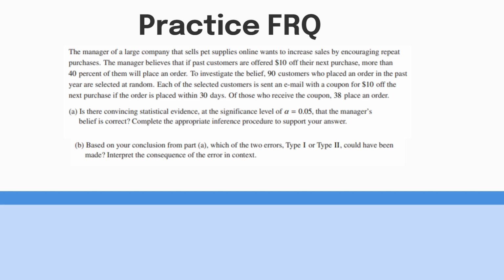Okay. Let's now go over it together. So, you guys can check the solutions now if you want to. This is the 2021 FRQ for AP Stats, and it's the fourth question. So you can check the scoring guidelines, but I'm gonna go over my solution.